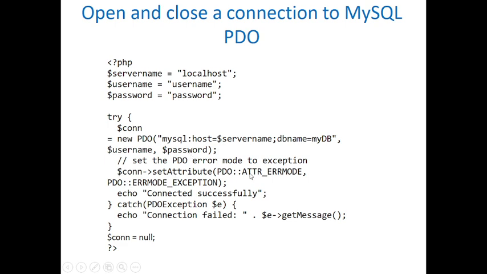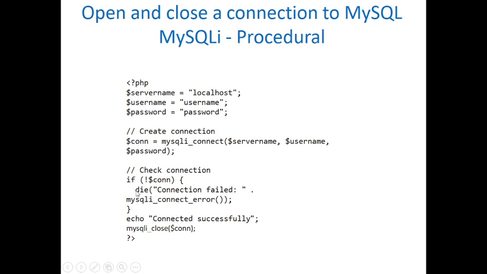You have to set the attribute here. If there is any error, any exception, that is referred in this variable. Finally, you are making the connection null. One more thing, PDO offers try catch block, whereas the others don't have try catch.